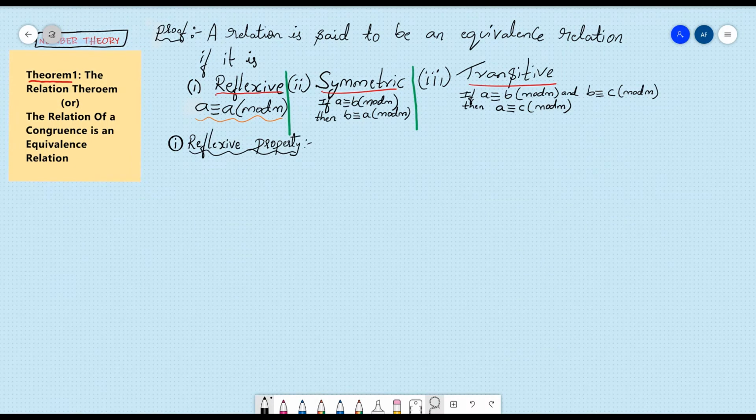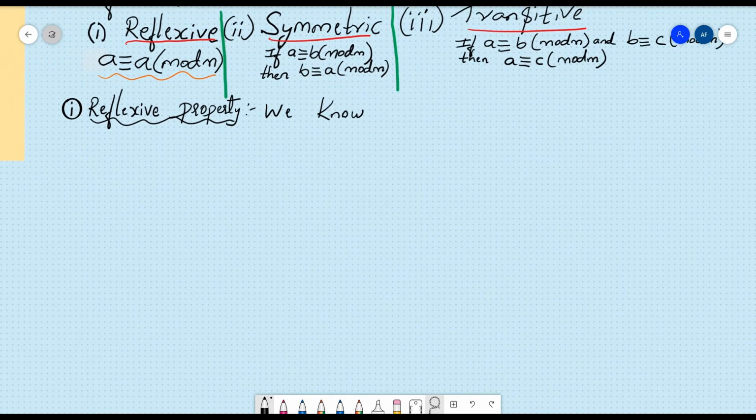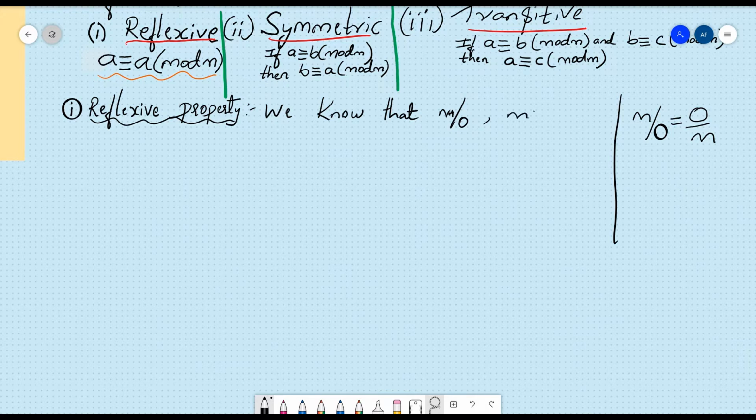We know that m divides 0, where m is a positive integer.